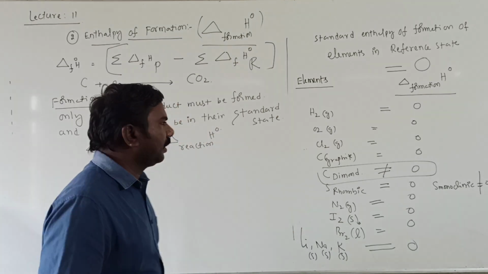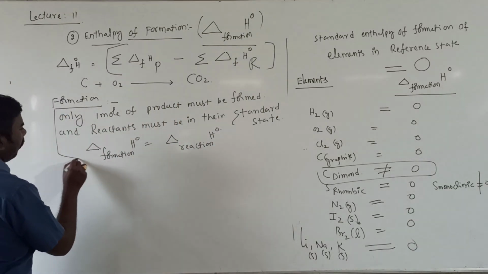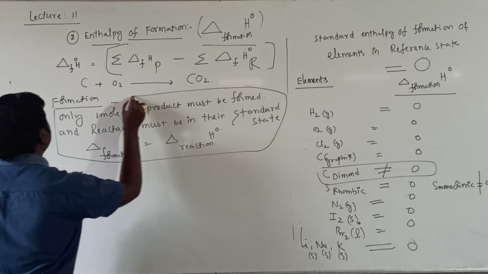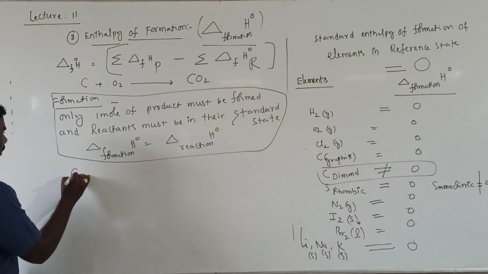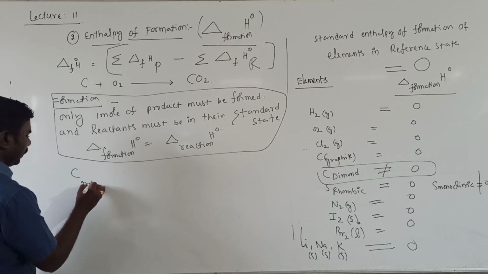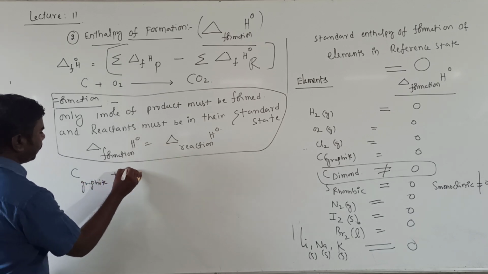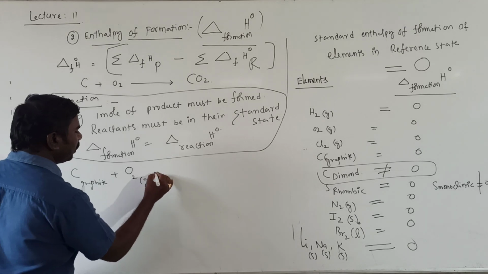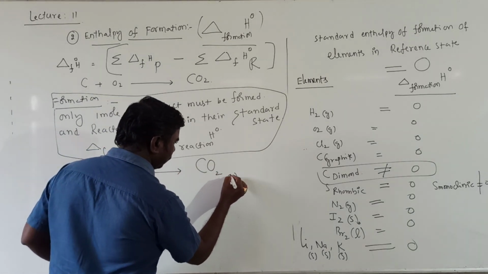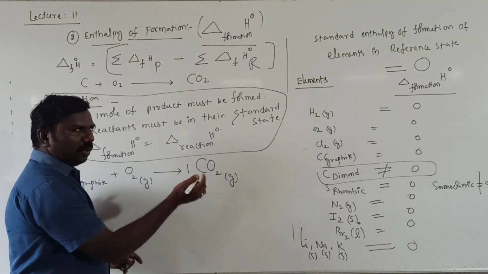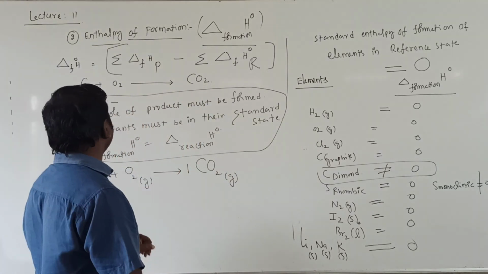Very, very important. Better say, for example, C graphite plus O2 gas gives rise to CO2 gas. Product is 1 mole, okay, satisfying the condition.